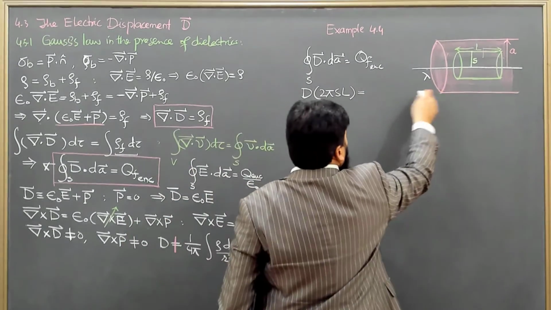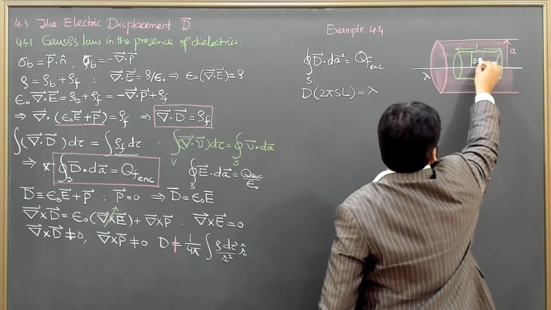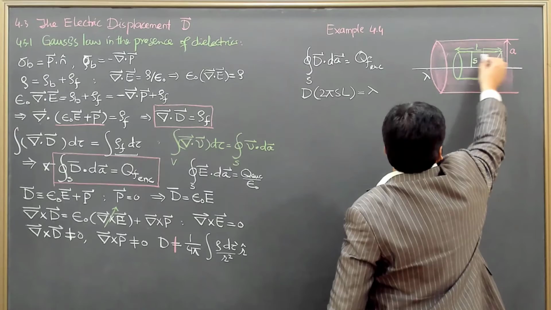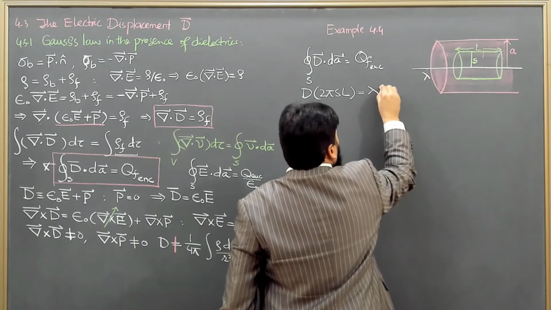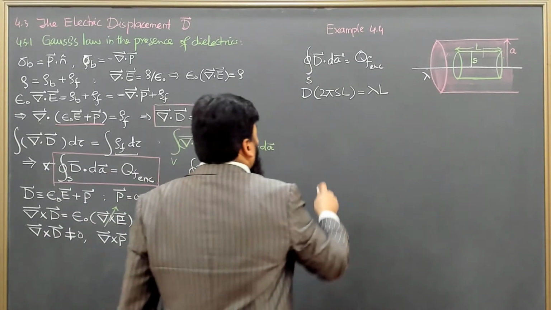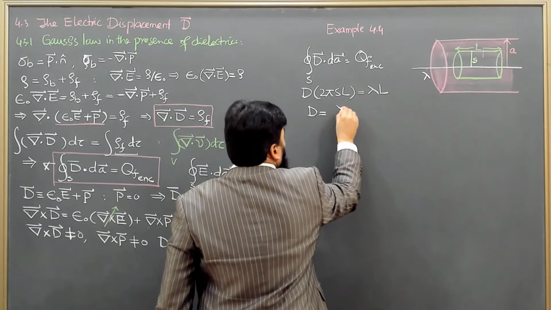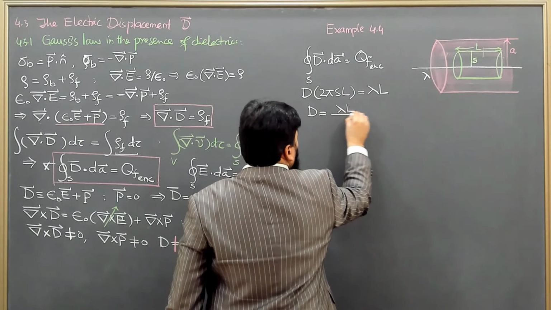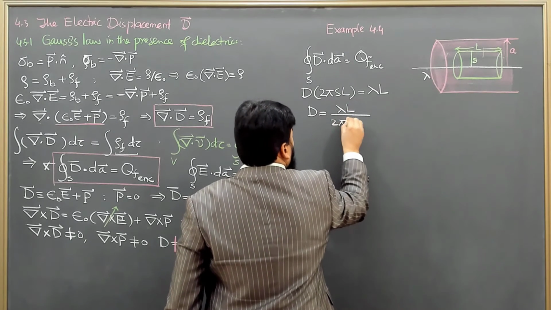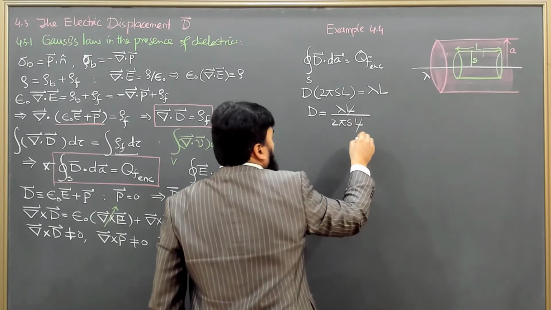The free charge enclosed by this Gaussian surface will be lambda times L. So D is equal to lambda L over 2 pi sL, and L will cancel.